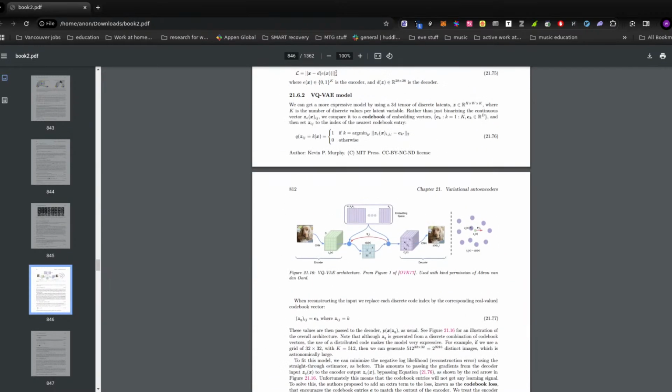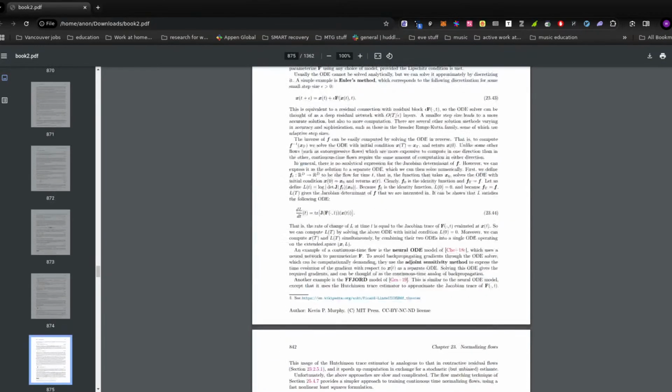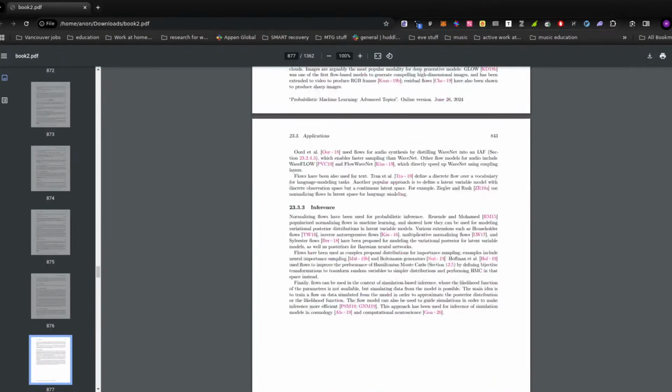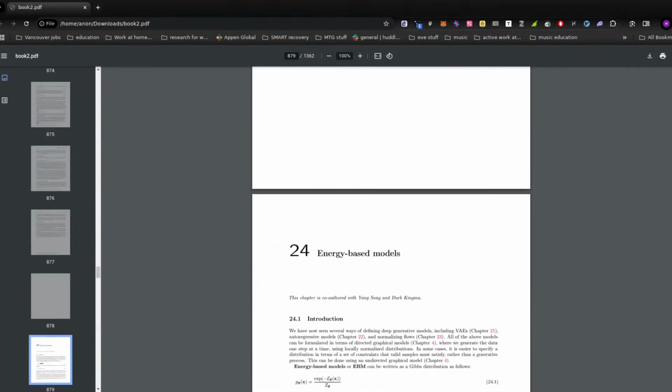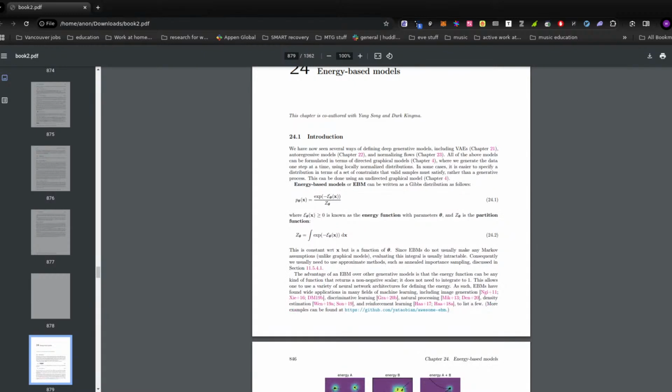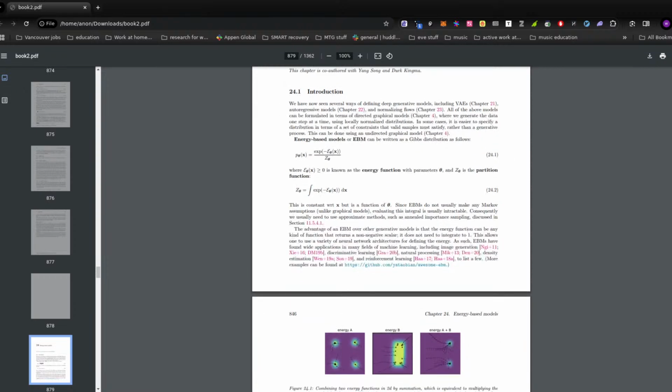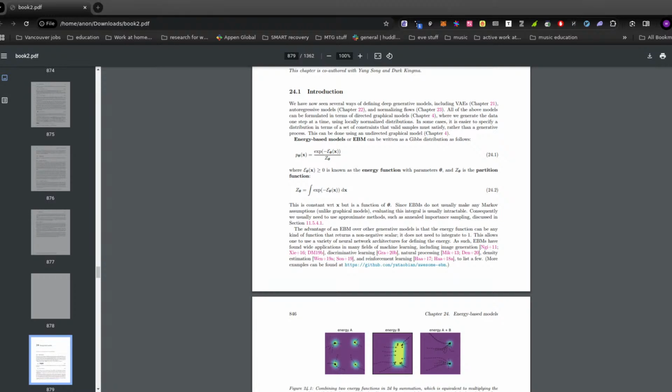Okay, and 845 you said. So it says p theta of x equals e to the minus E theta of x over Z theta. All right, I think I'm with you now. I think I got it.